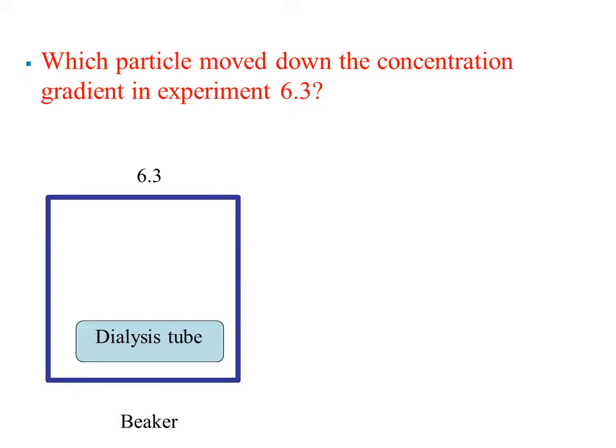The iodine diffused across the membrane and interacted with the carbohydrate called starch. This turned starch blue-black. So therefore, which particle moved down the concentration gradient? The iodine moved from outside in the beaker to inside of the dialysis tube.